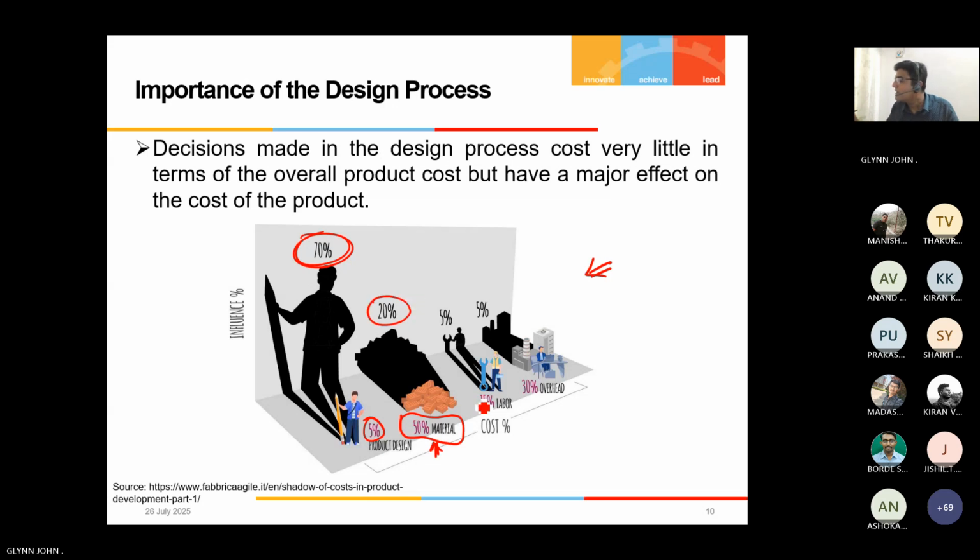Labor is 15% of the cost, with only a 5% impact. Overhead costs, your rent, your electricity bill, and so on, have only 5% impact on the product. So if you see what is impacting the product, its performance, its reputation, success, whatever it is, right?